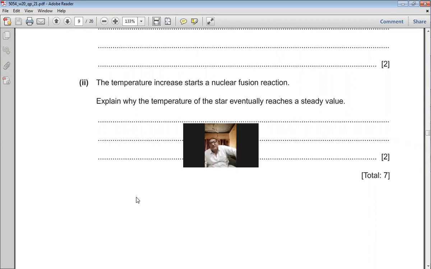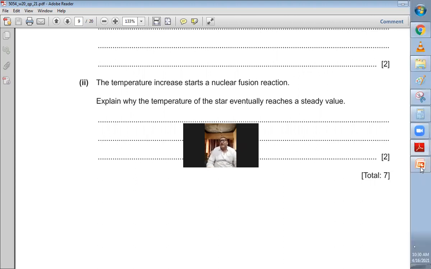In other words, the heat produced by the process of fusion and the heat lost by infrared radiation have become equal. That's why the temperature of the star eventually becomes a steady value.